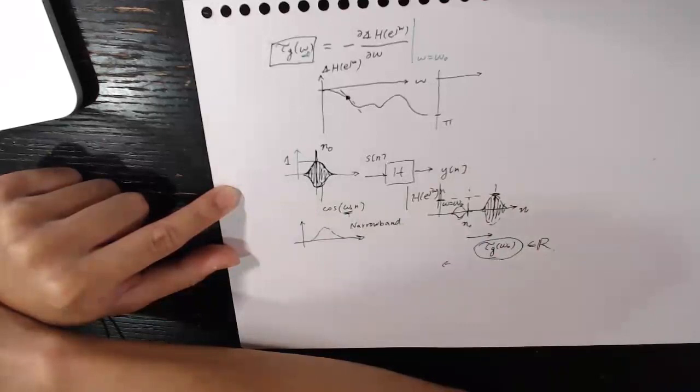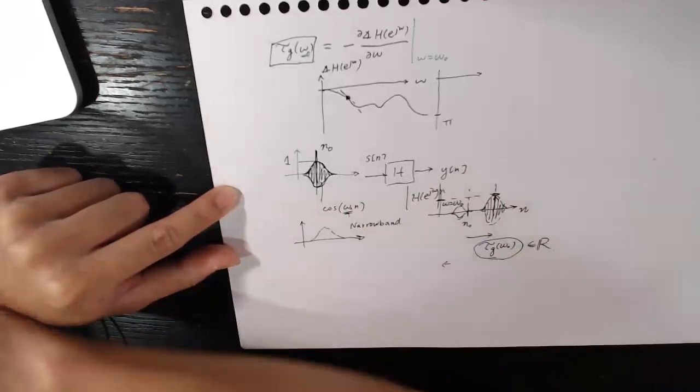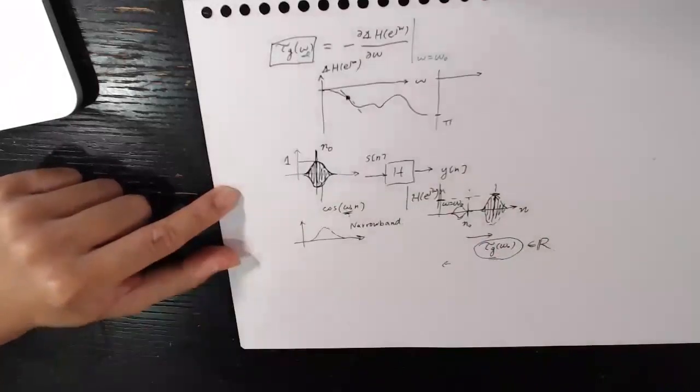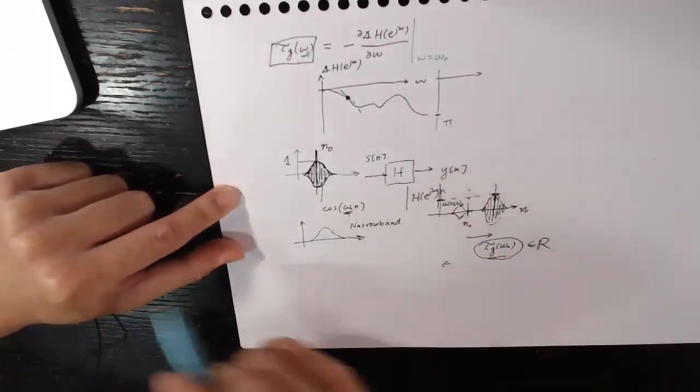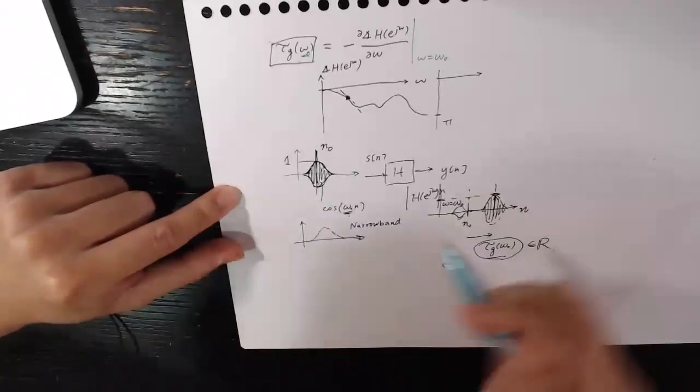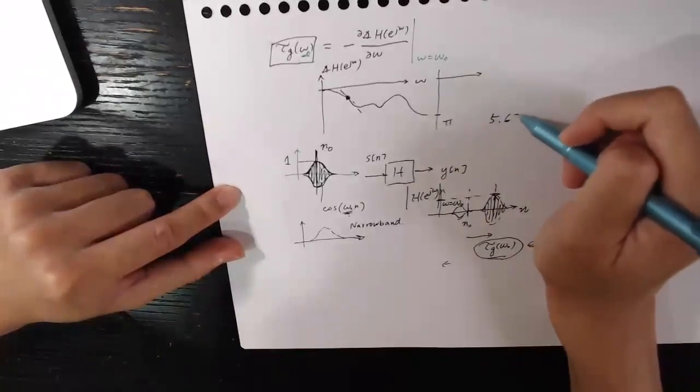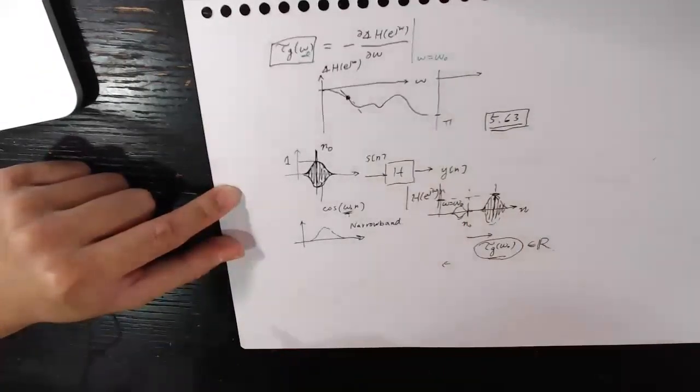And that does not violate causality. That's a separate issue. But that's the meaning of group delay, considering a wave packet. And that's in homework number 5, problem 3. If you are interested, please take a look.